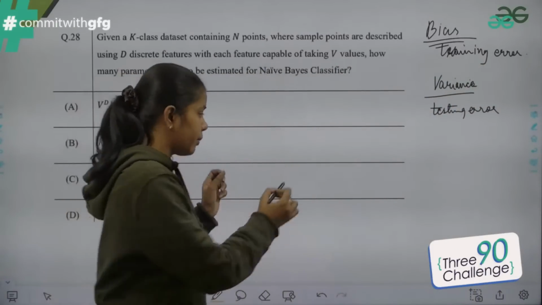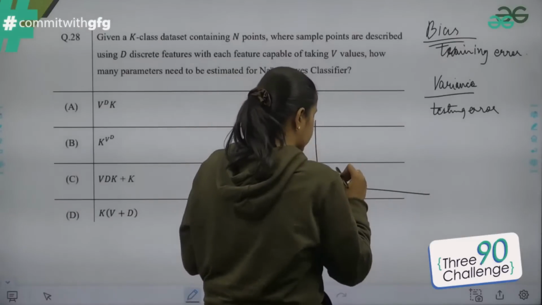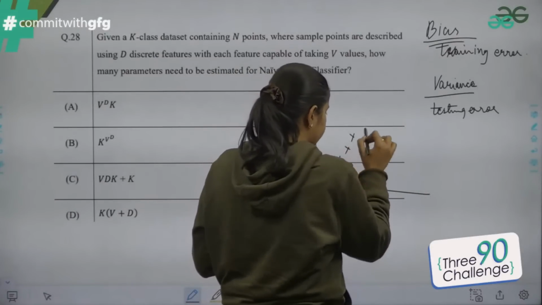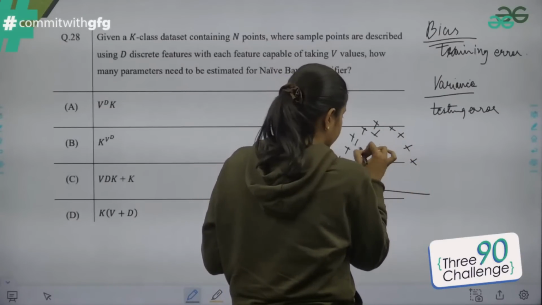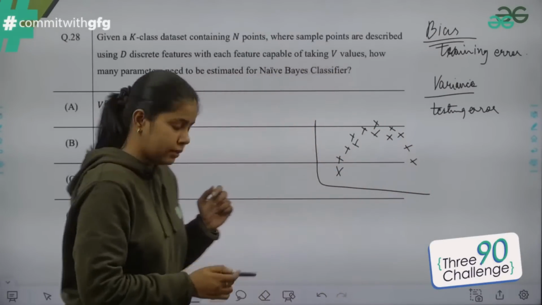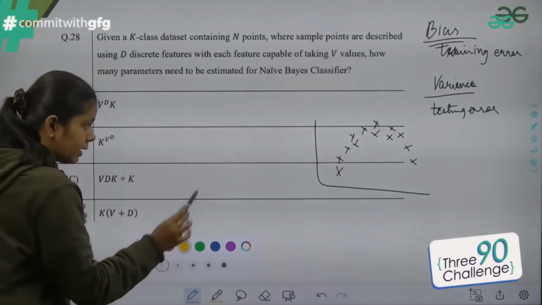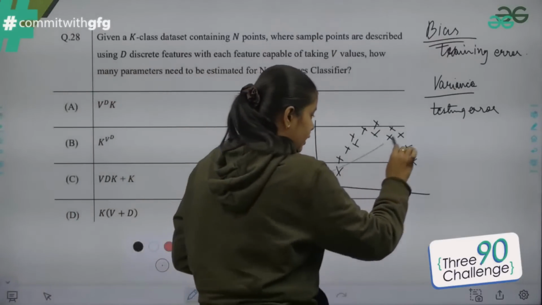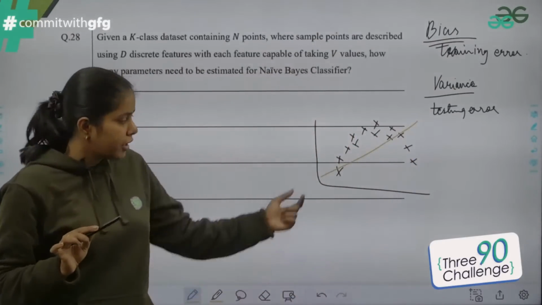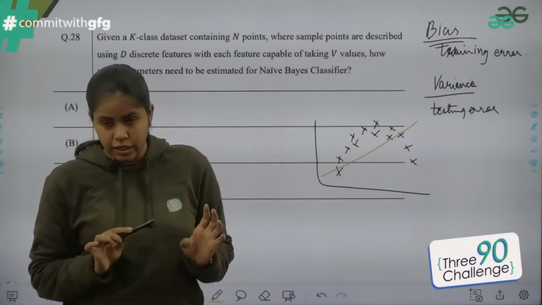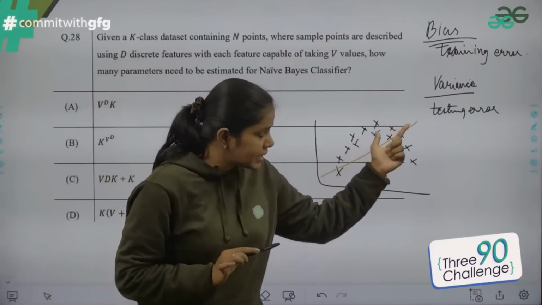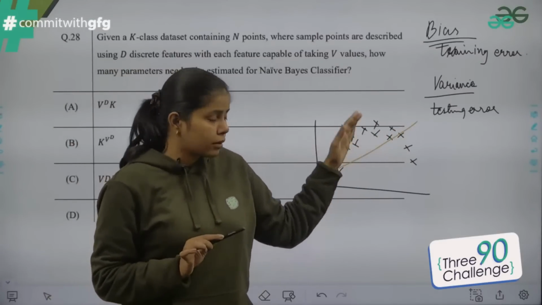Let me take one example. Let's suppose we have this data set. Let's say I'm taking this yellow case, and if I model this using linear regression, what would happen? You can see this line would not fit well.